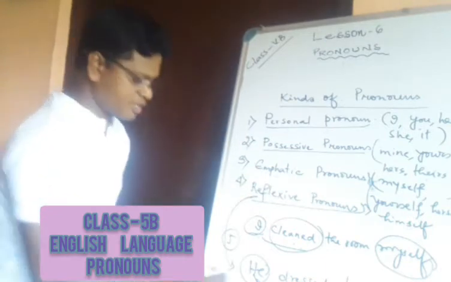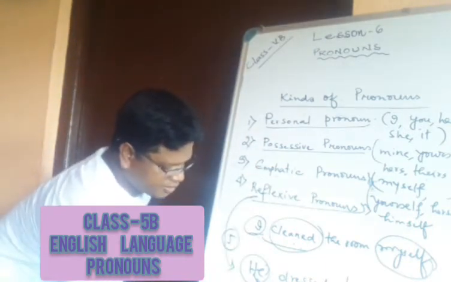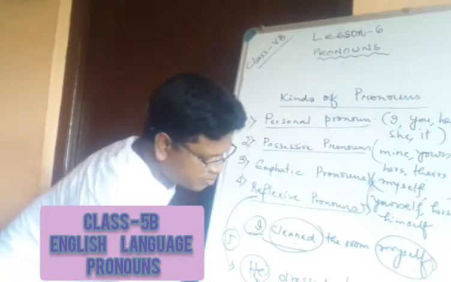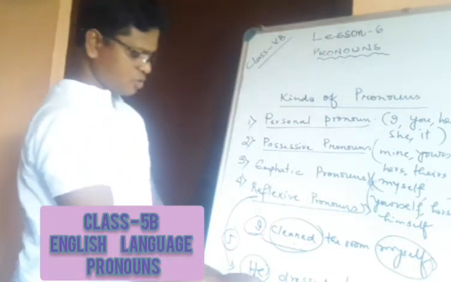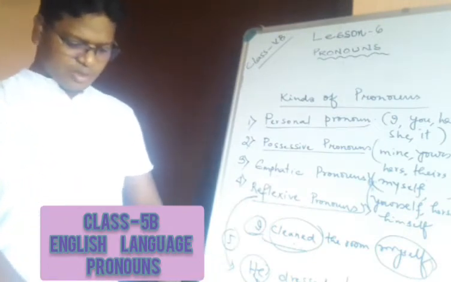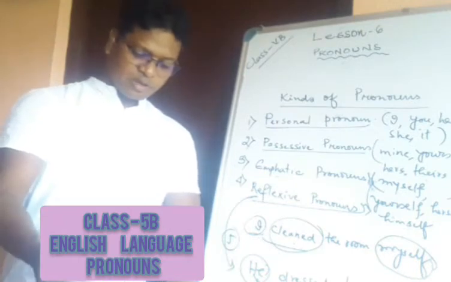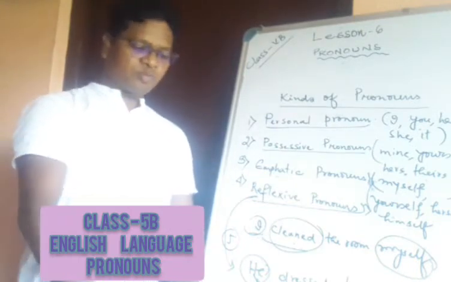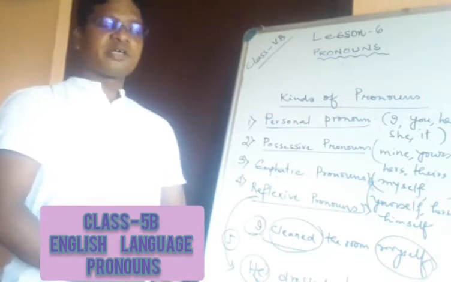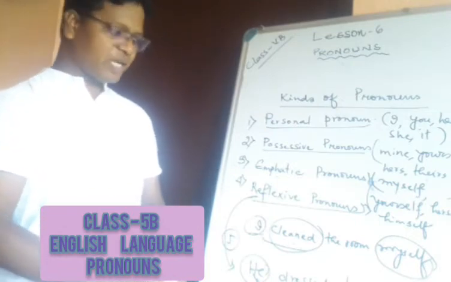Or, I hurt myself. In this sentence, what do we see? We see that the subject and the object are the same. When the subject is hurting himself, he is not hurting someone else.